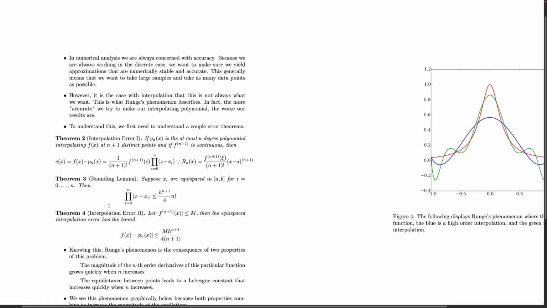But we better define this using Taylor's remainder theorem, which I mentioned off to the side. We define it as 1 over n plus 1 factorial times the n plus 1 derivative of the function evaluated at c, and then we take the product of x minus x sub i.